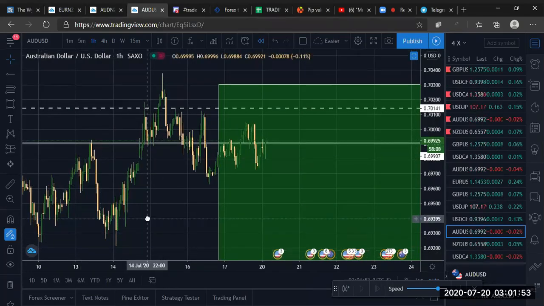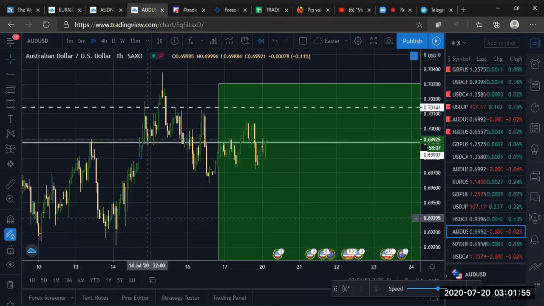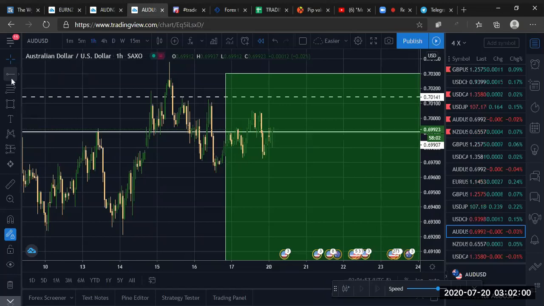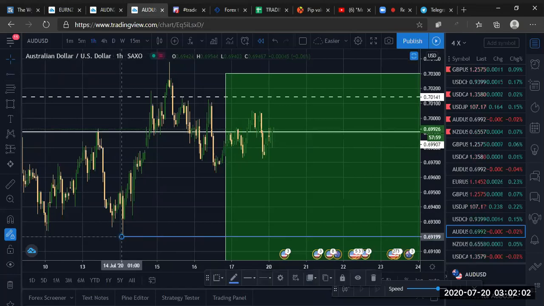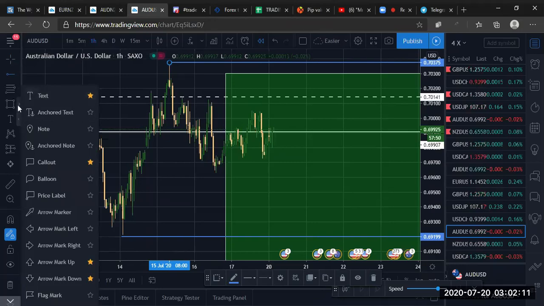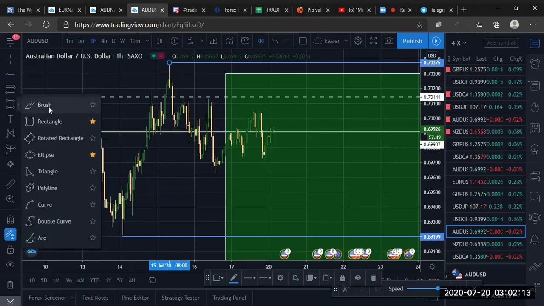But on the 1 hour, we do still have to break the structure down here because this is a significant structure down to the low, and this being the high. So everything in here is a pullback, but it's a good area for a pullback.